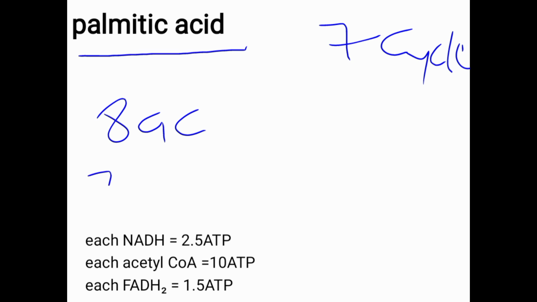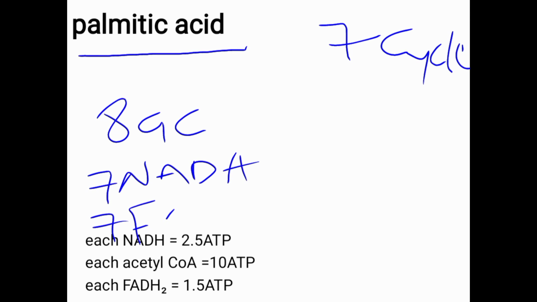So 7 NADH and 7 FADH2. Yes. So now we have to get the total number of ATP we actually generate from this palmitic acid.